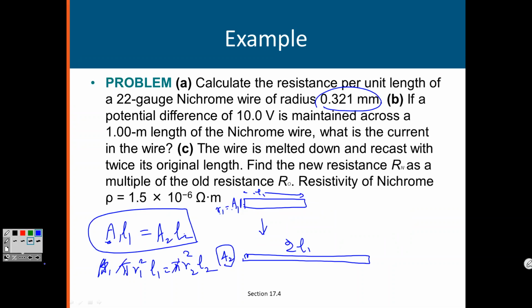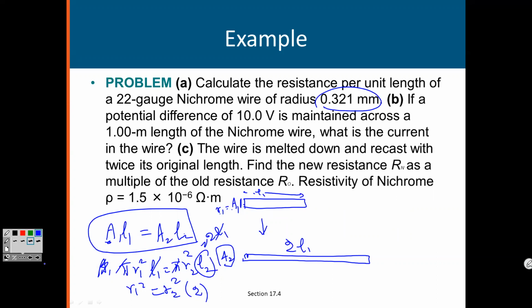Pi cancels with pi. L2, I can write as 2L1, so L1 cancels with L1. And then you will have R1 squared is equal to R2 squared times 2. Is that right? Yes, right. I hope I didn't make any mistakes. So now we get a relationship between the two radii.